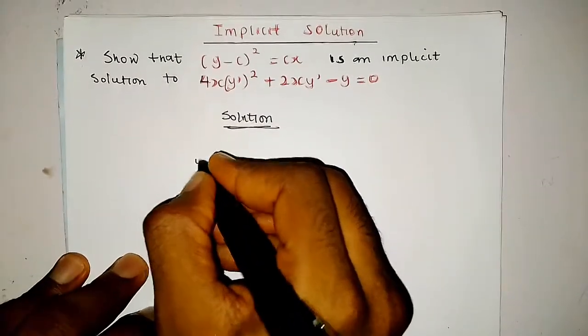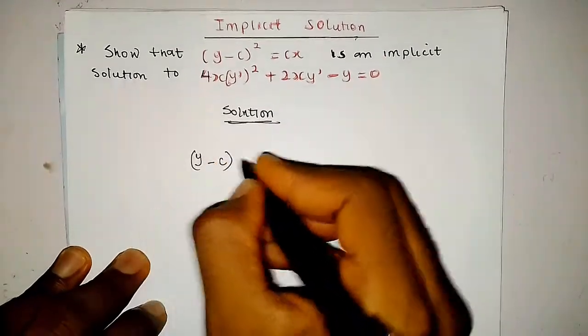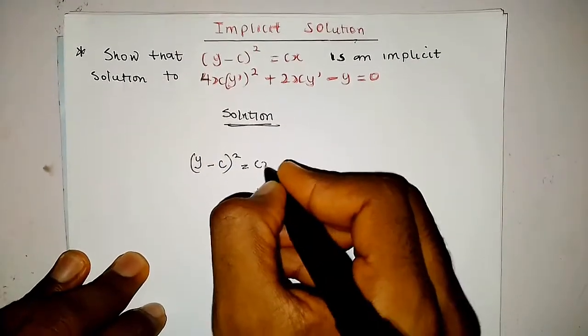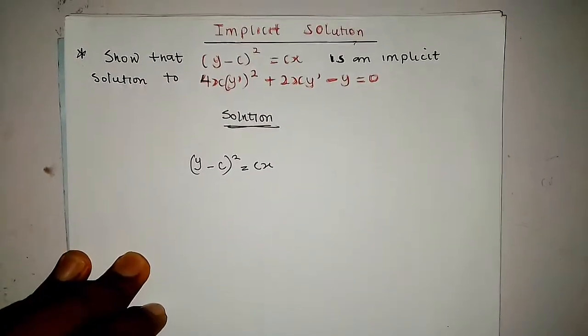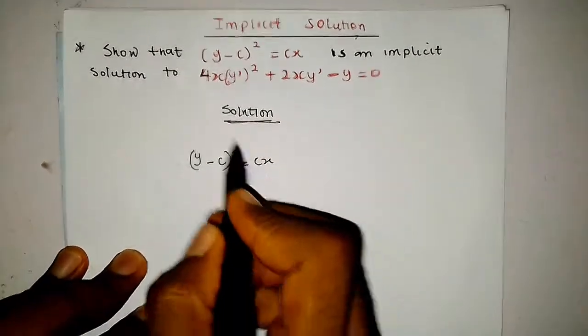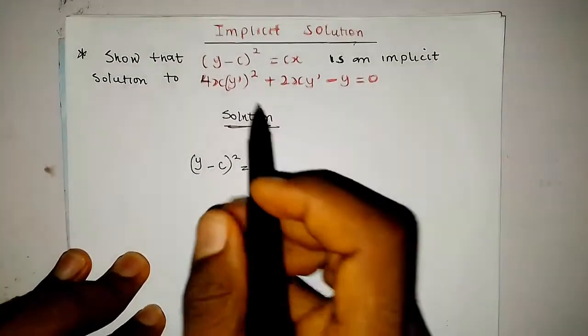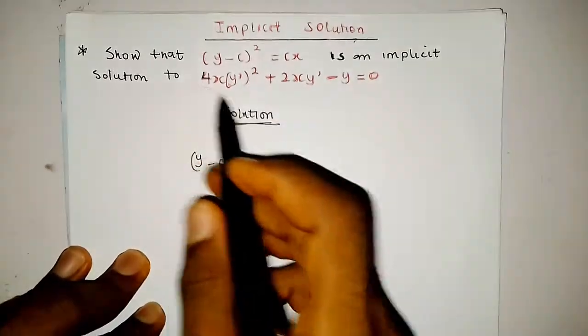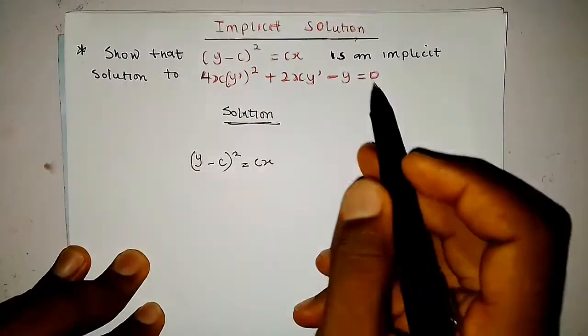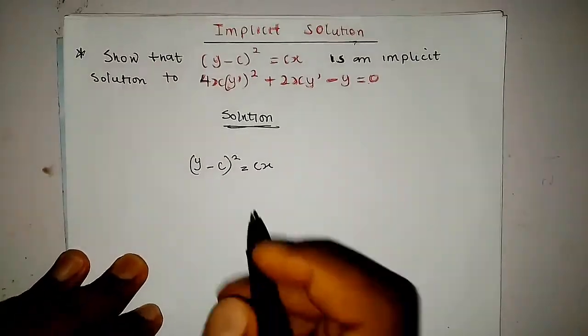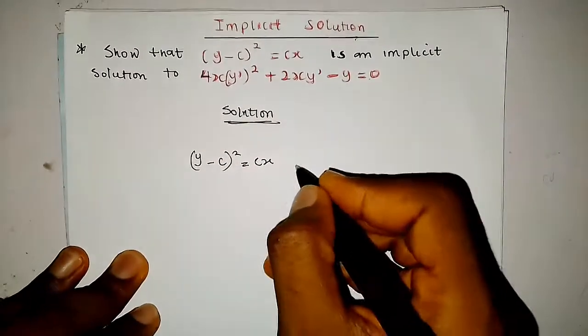We are given (y − c)² = cx, right? And we show that when this is simplified implicitly, it will give us 0. So how do we do that? Now we simplify it implicitly.